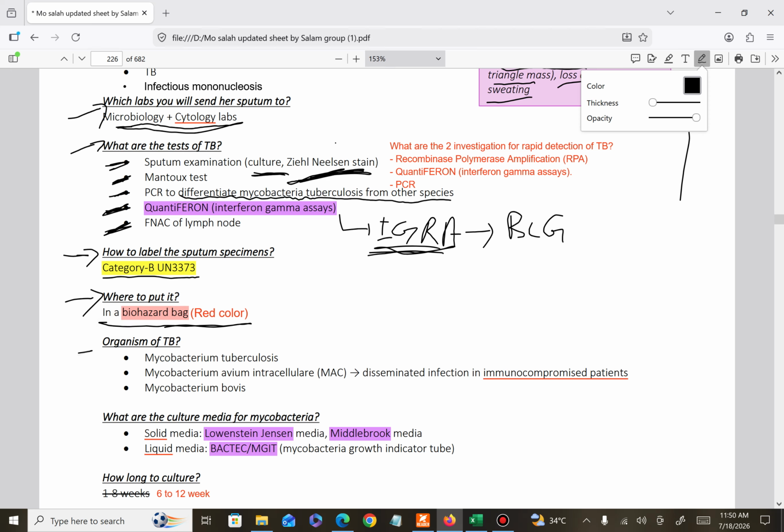Then the most common organism for TB is Mycobacterium tuberculosis. Then Mycobacterium avium intracellulare is another species which leads to disseminated infection in immunocompromised patients. Then Mycobacterium bovis.